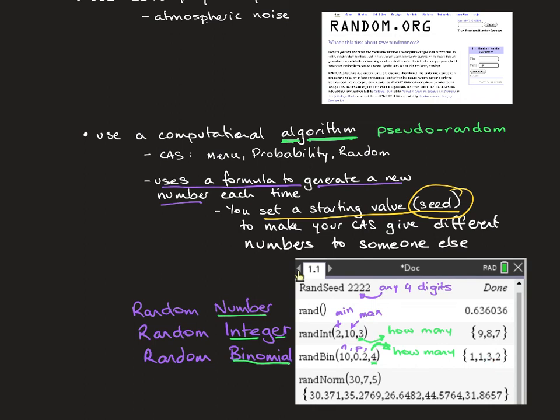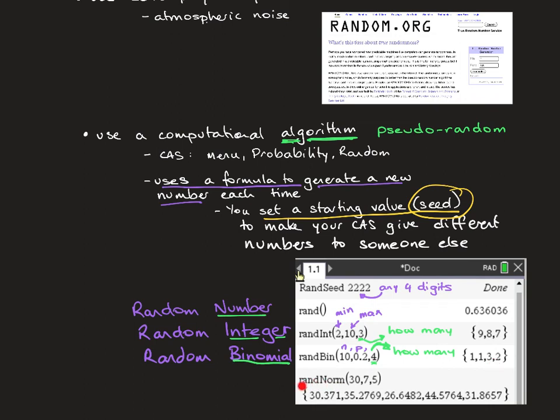So if you wanted to do some sampling from a population that has a binomial distribution on it, you can use this command to generate sets of numbers for you.